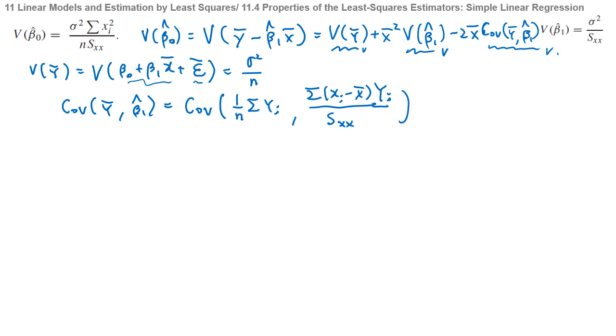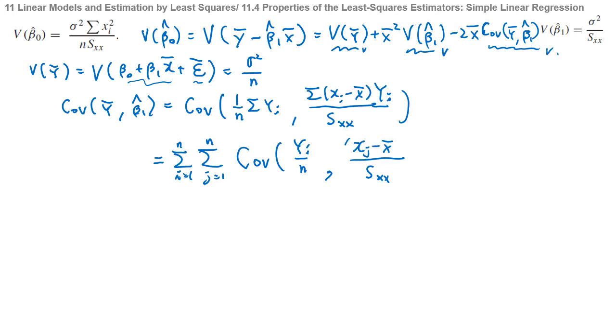This is actually the sum over i equals 1 to n, sum over j equals 1 to n, of the covariance of 1 over n yi, comma, 1 over Sxx, not sum of, so this is (xj minus x bar) yj.